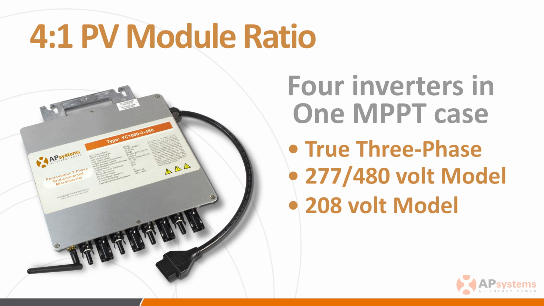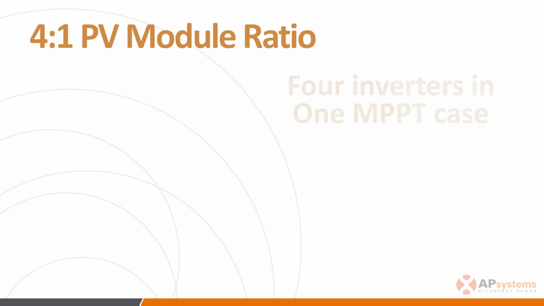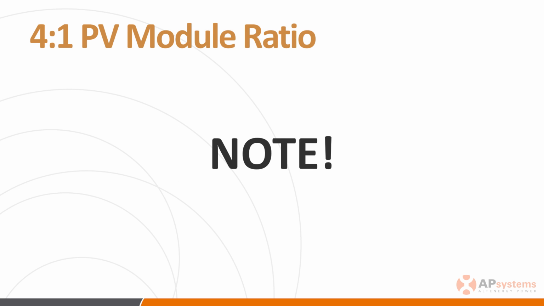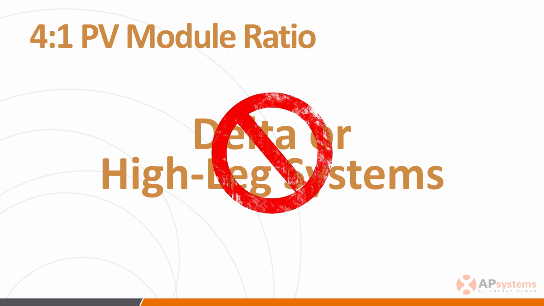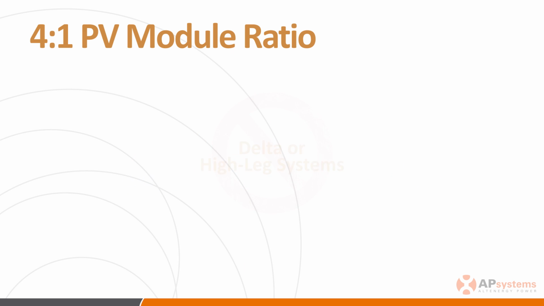Unlike the APsystems YC500, the YC1000 is a single MPPT unit. An important note here: the YC1000 cannot be used in a delta or high leg system. All three phases need to be balanced for the YC1000 inverters to function properly.